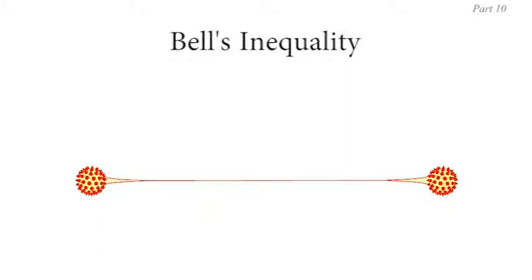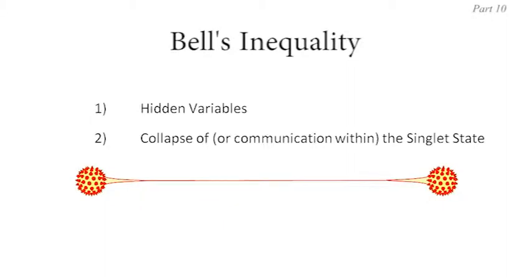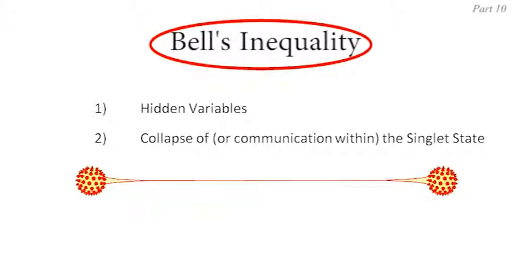It may then help us to distinguish between the appropriateness of the two possible explanations of entanglement, namely hidden variables or collapse of, or communication within, the singlet state. Before we start applying the inequality and testing it out, it's probably worth saying again that it should seem reasonable that Bell's inequality should be obeyed when it is applied to the hidden variable situation.